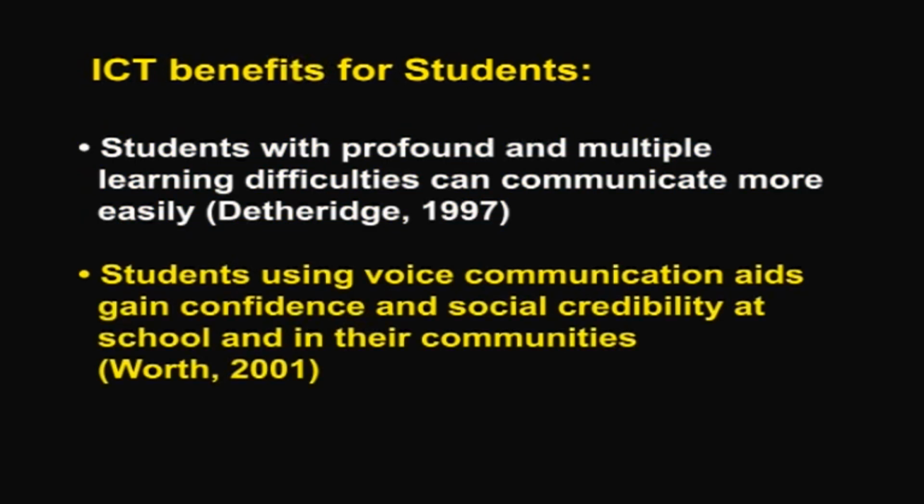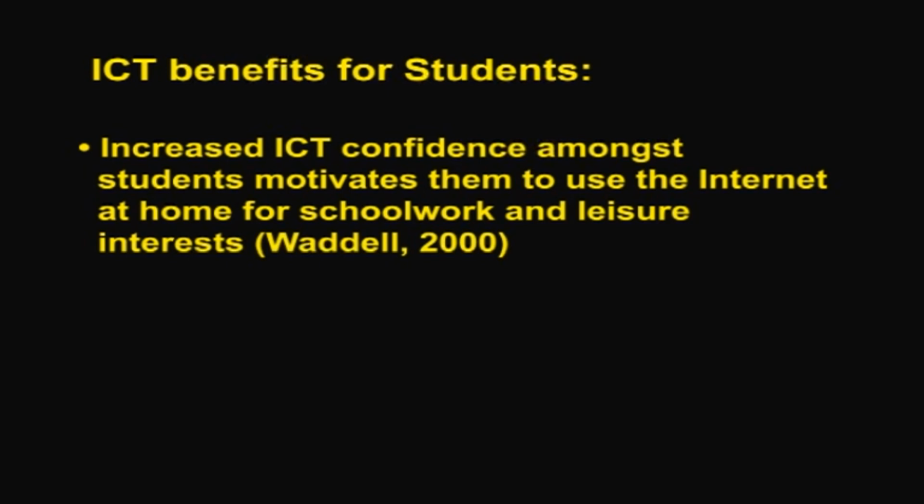Students using voice communication aids gain confidence and social credibility at school and in their communities. Increased information communication technology confidence among students motivates them to use the internet at home for schoolwork and leisure interests.